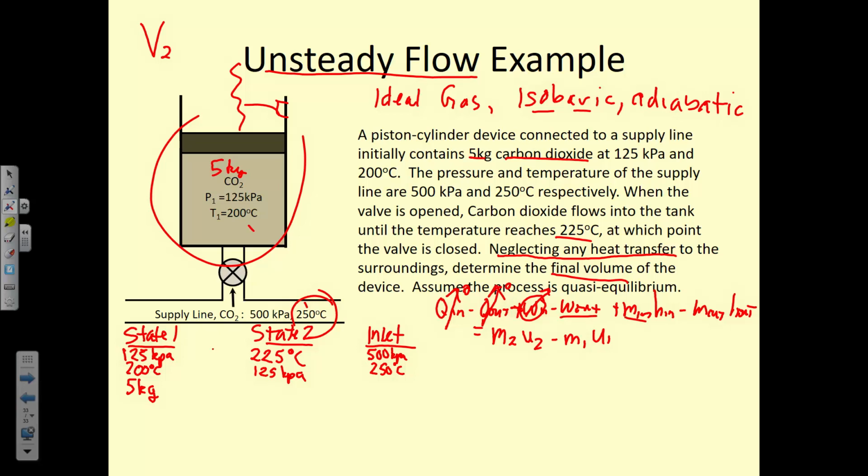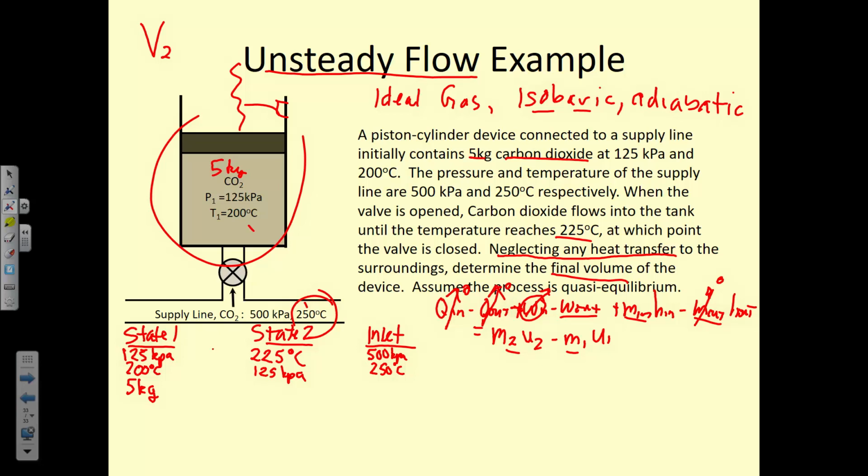Do we have mass flowing in? Do we have mass flowing out? No, there's no mass flowing out of our system. And we have a final mass? Yes. Do we have an initial mass? Okay, so our cylinder is not initially empty. There's some mass in it, some is added.